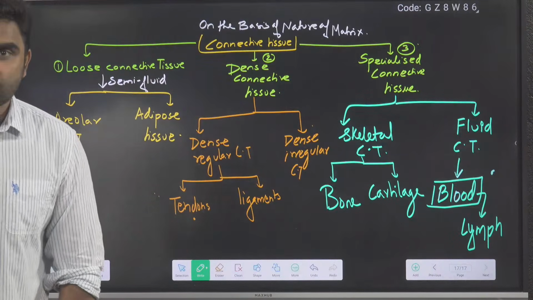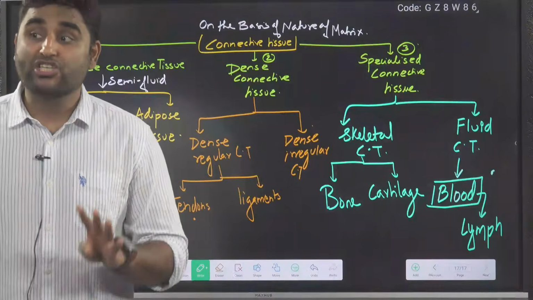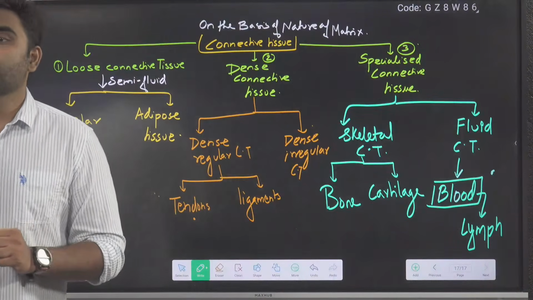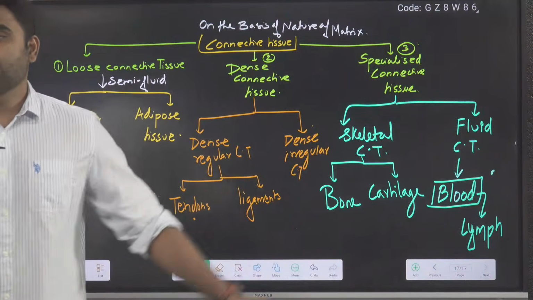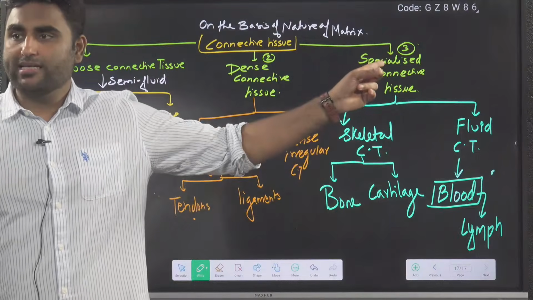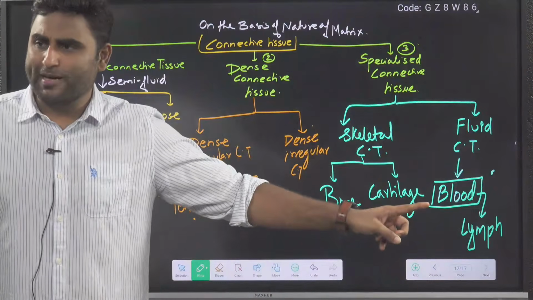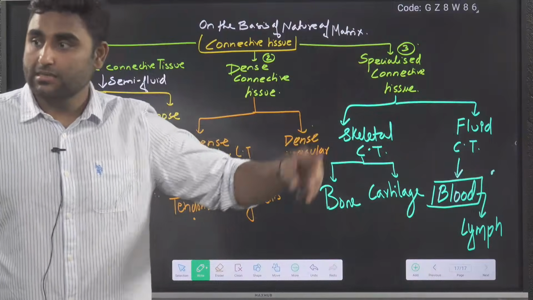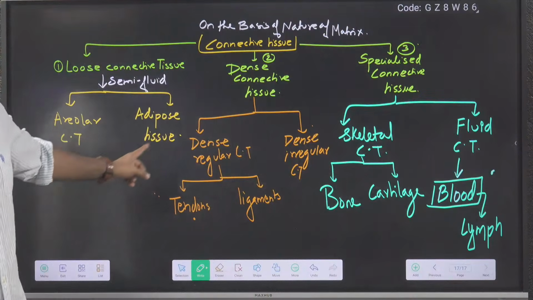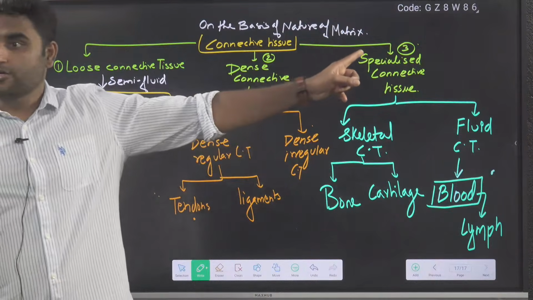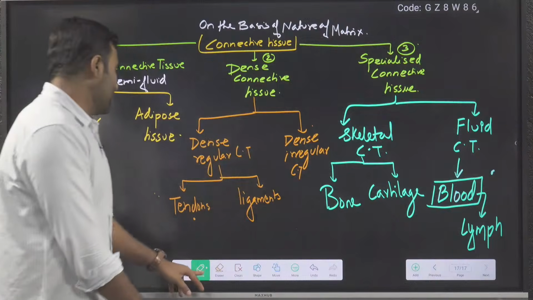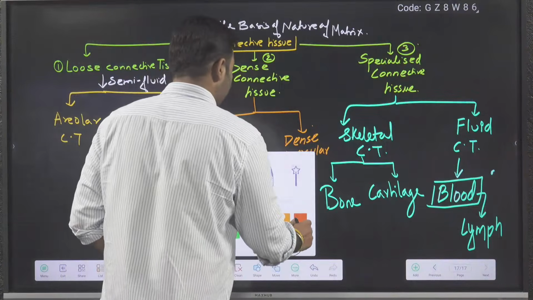Out of this, how many are specialized connective tissue? Bone specialized? Yes. Cartilage specialized? Yes. Blood specialized? Yes. One more is specialized. Adipose is also specialized. So in specialized, there are 4 tissues.